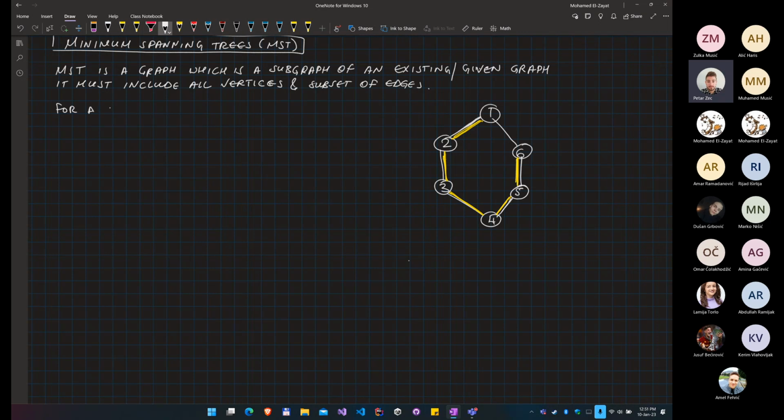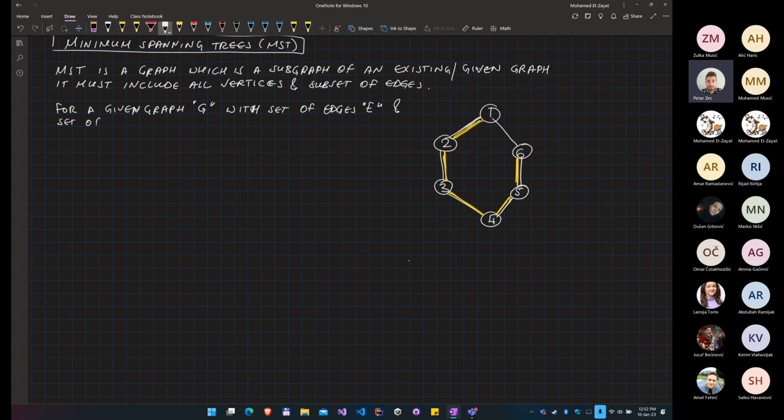For a given graph, we will call it G, with a set of edges E and a set of vertices, which is going to be V. Practically speaking, what I said in English translates to this V and E.